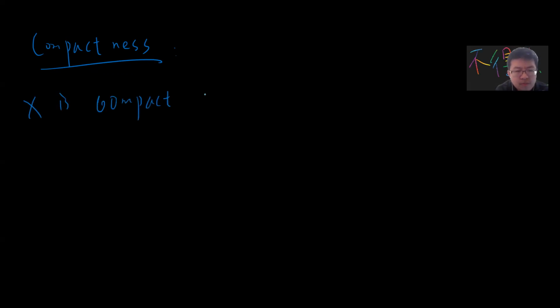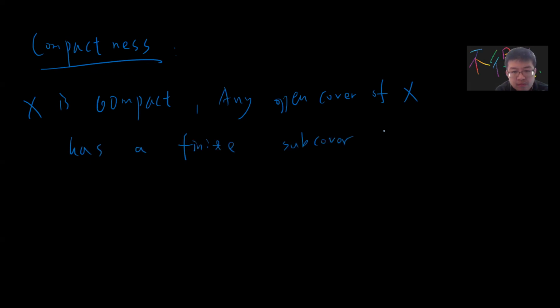The other one is compactness. I think everyone knows about this from advanced calculus. X is compact means that any open cover of X has a finite subcover.